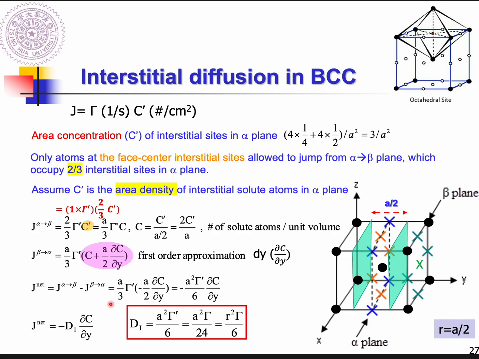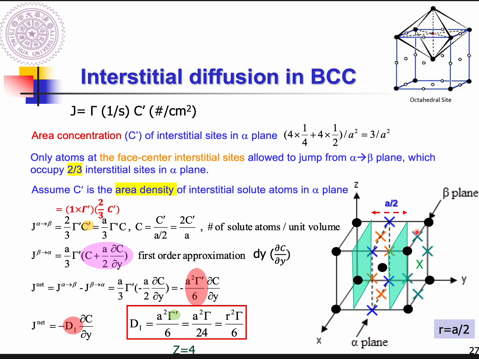Based on this trick, you get a concentration gradient along the y-axis. After comparing with Fick's first law, you get the diffusivity of these interstitials equal to this value. Some people want to convert gamma prime to gamma. Don't forget, for gamma prime to gamma you need to go back to the structure point of view to determine Z equals 4.